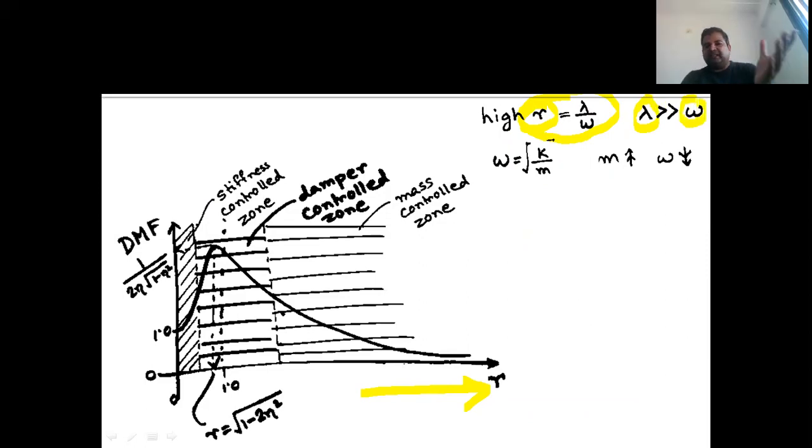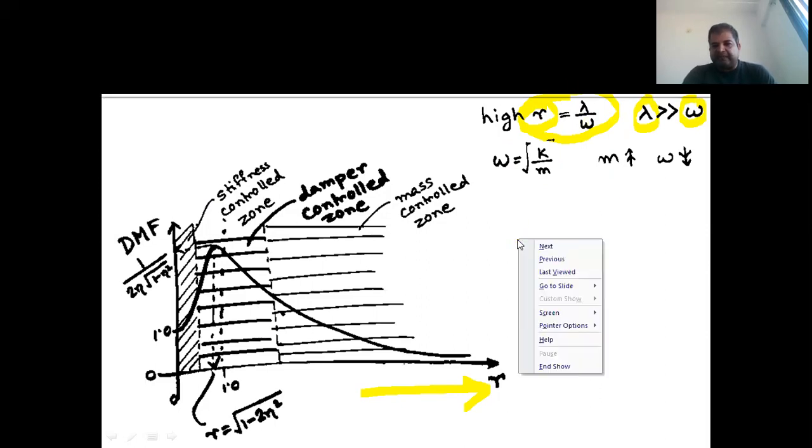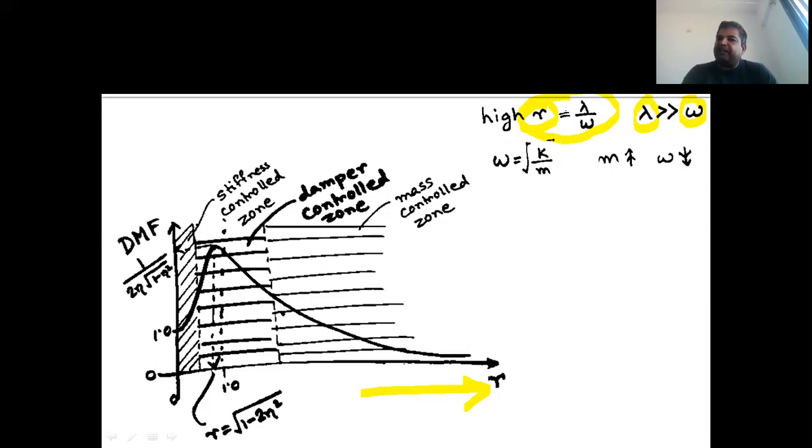Now, what do you mean by this? In physical terms, when you are designing your machine foundation, lambda is my operating frequency of the machine, or the exciting frequency of the machine.